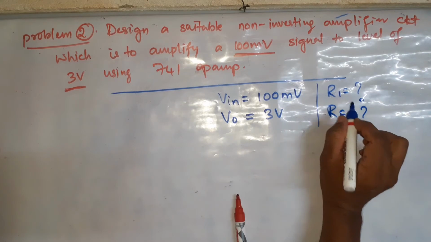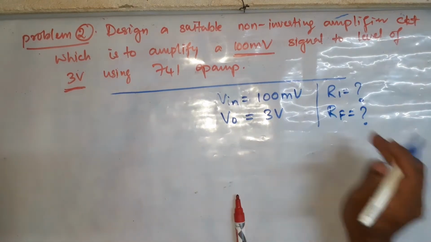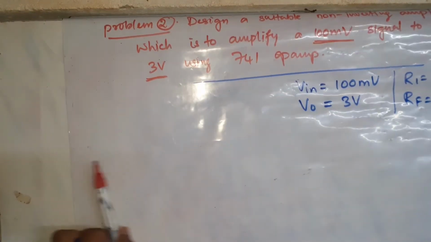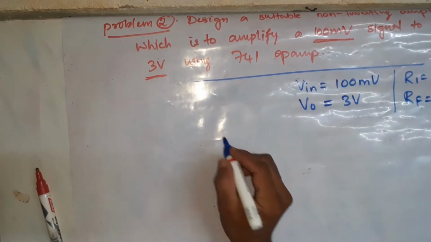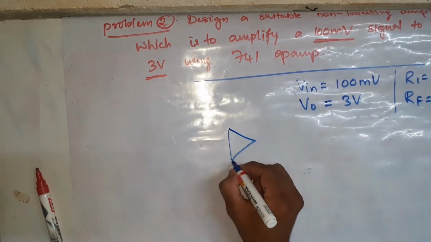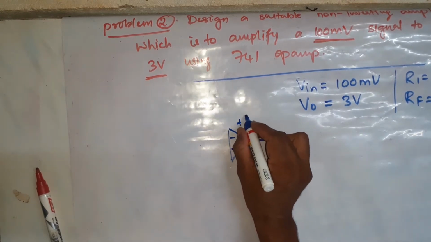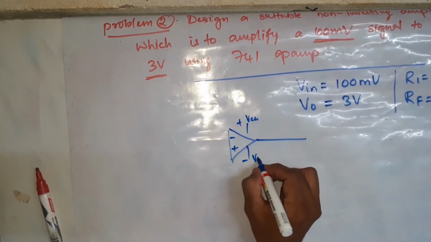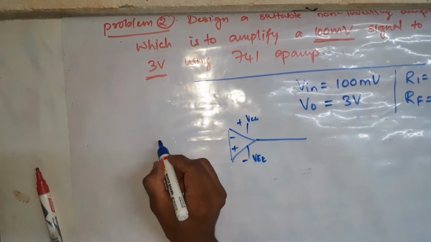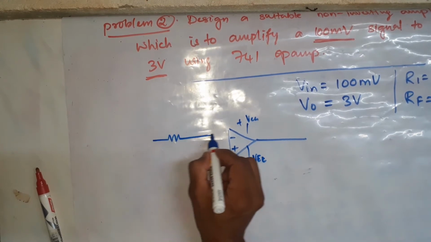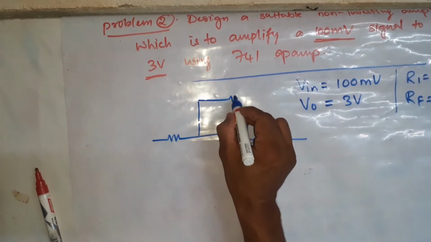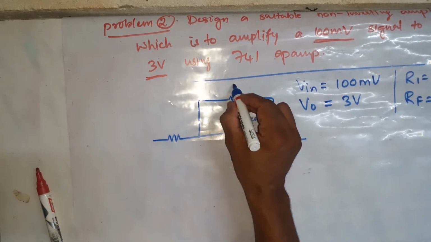From where do we get this R1 and RF? It is from the non-inverting amplifier. For this you need to draw the non-inverting amplifier circuit first. How will you draw? Minus, plus, VCC, minus VEE. This will be your R1 and RF.